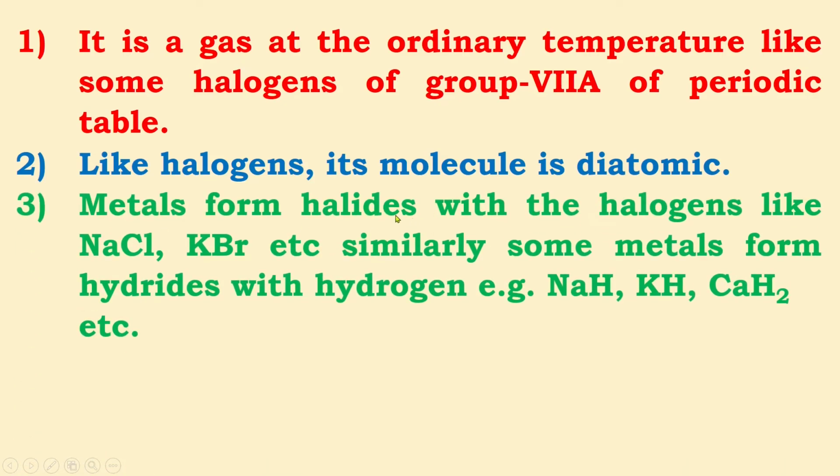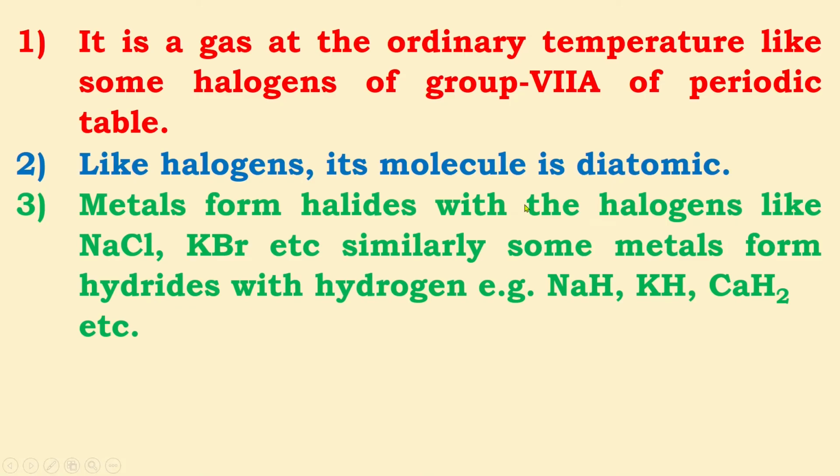Metals form halides with the halogens, like sodium chloride, potassium bromide. These are the halides, with metals like sodium and potassium forming halides. And similarly, some metals form hydrides with hydrogen, for example sodium hydride, potassium hydride, calcium hydride, etc. Because of this reason also, hydrogen can be placed in group 7A.